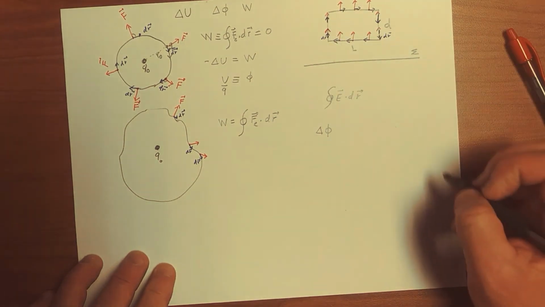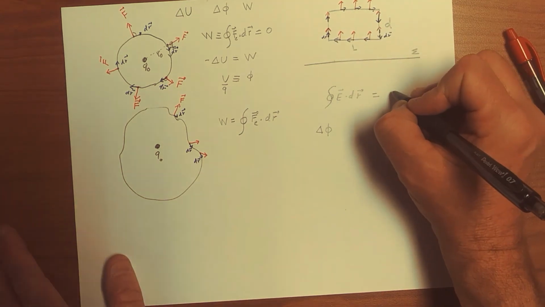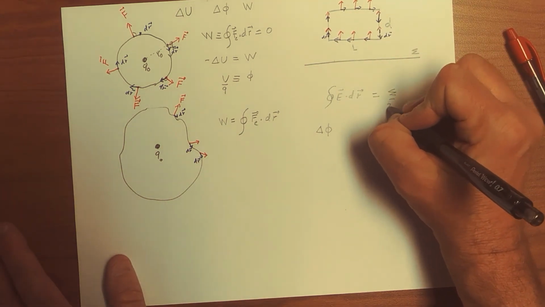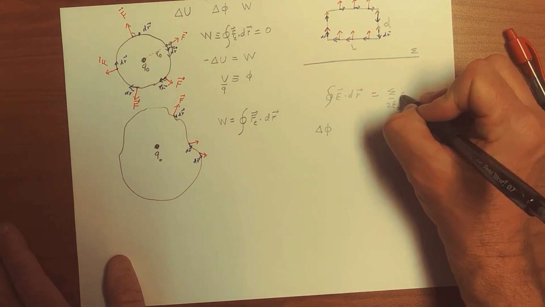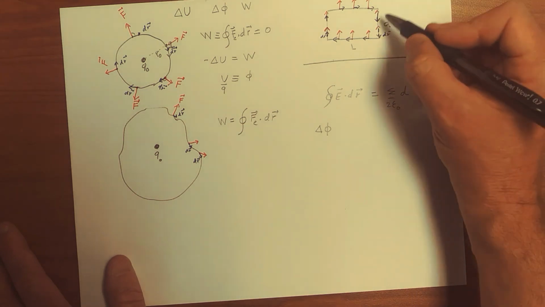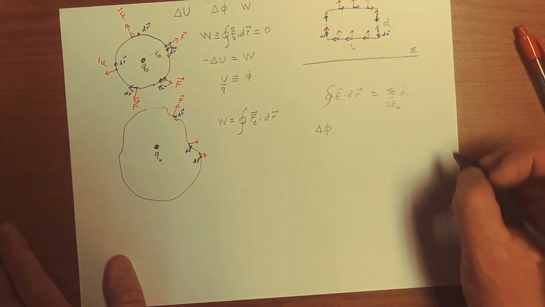But on this side, we get the magnitude of the electric field, which we know to be sigma over 2 epsilon naught, times the length, which is d. On this side, instead, they're opposite. So we have the cosine of pi, or 180, and that gives us a minus sign.